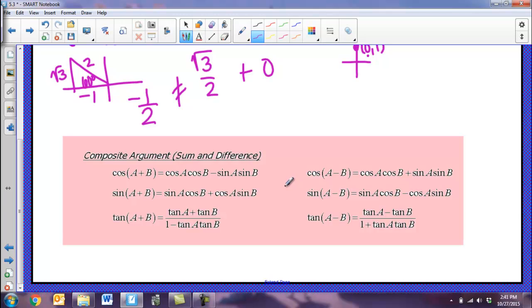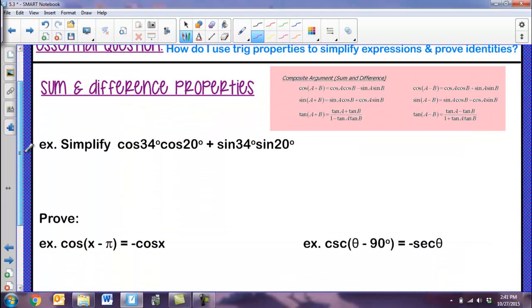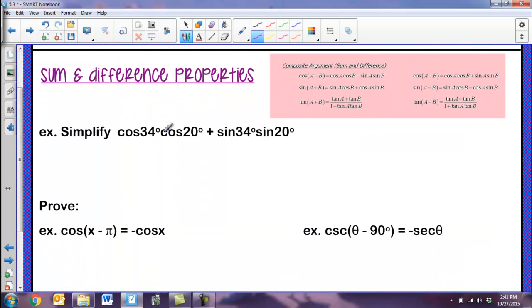Okay, so let's practice using these formulas. Again, make sure you have this formula chart out next to you so you can keep referring to it. They can be kind of tricky. So let's look at an example. We have simplify the cosine of 34 degrees times the cosine of 20 degrees plus the sine of 34 degrees times the sine of 20 degrees. As soon as you see that you have matching angles in here, you know that we're dealing with some sort of composite argument type stuff.